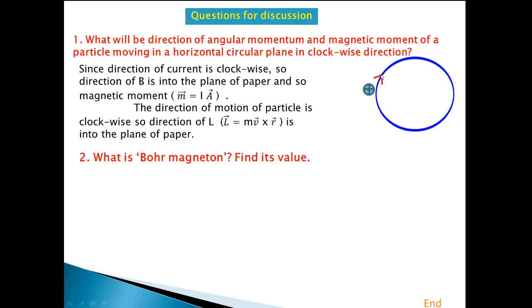So for a positive charge, the direction of magnetic moment and angular momentum is the same. But for an electron, both are in opposite directions.